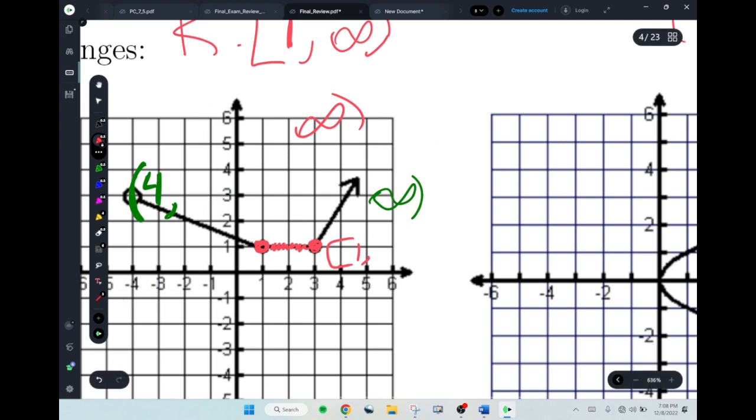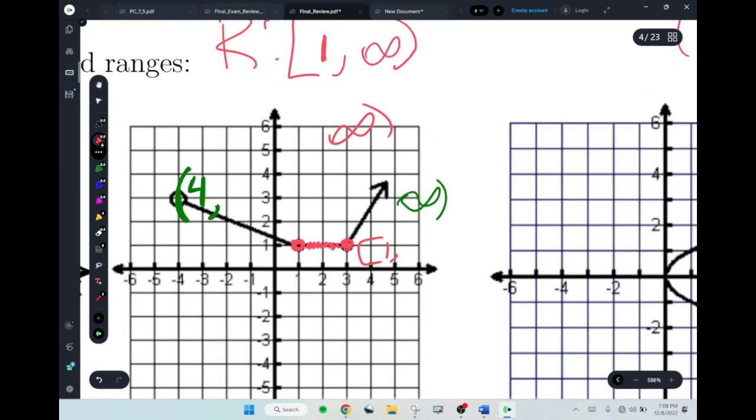Is there an x number that makes y 3? We'll look at like 4.2-ish. Yeah, the point 4.2-ish, comma 3 is on the graph, so 3 is in the range because it's included. Even though it's not included for negative 4, that's okay.